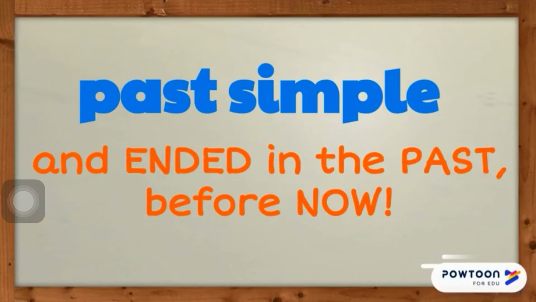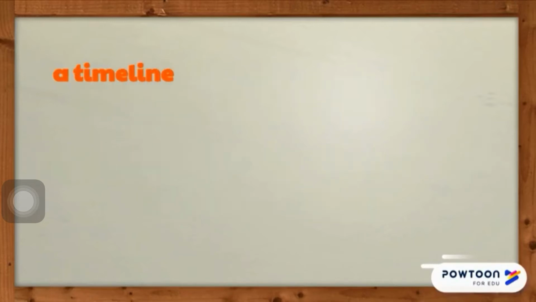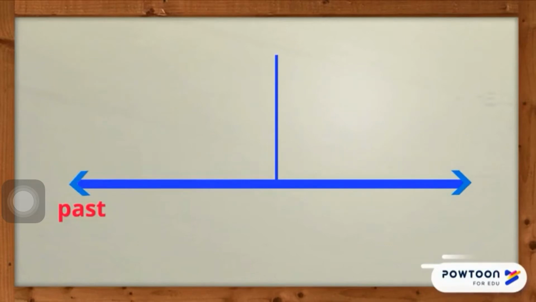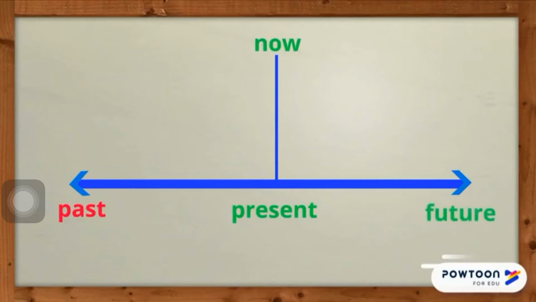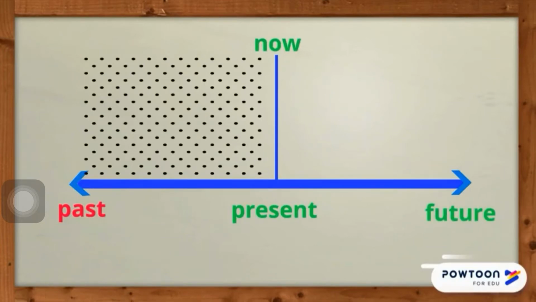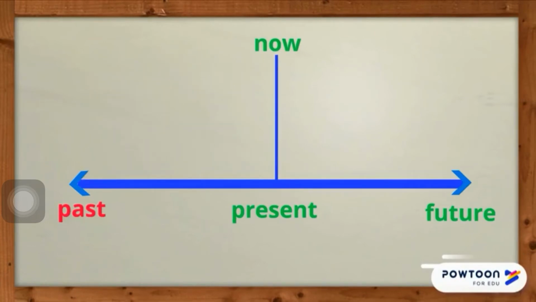Now, if we use a timeline, we can put the past over there, the present or now here, and the future. So any action that happens here before the present or before now is an action that happened in the past. So let's go back to our example.